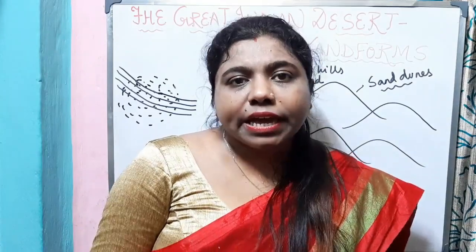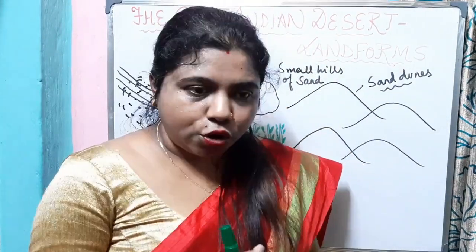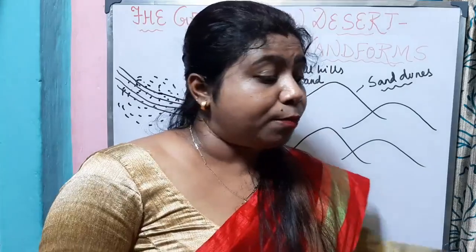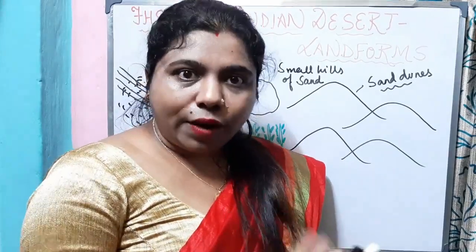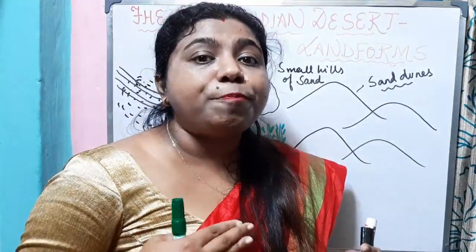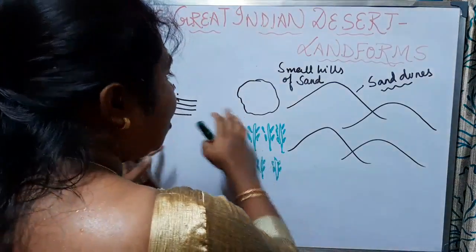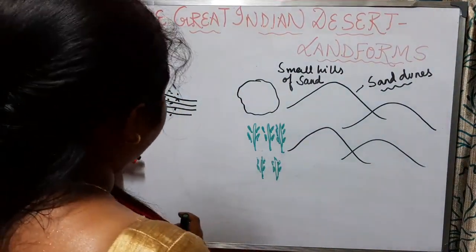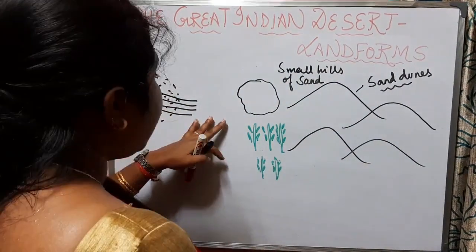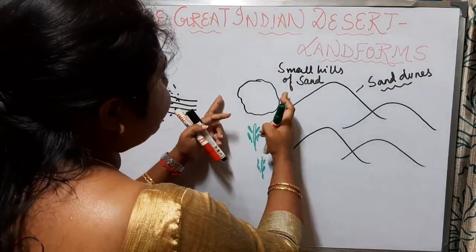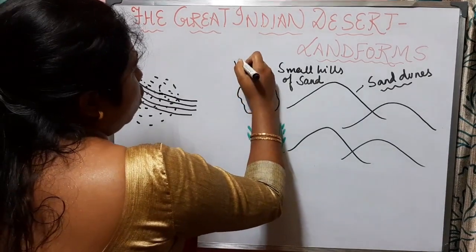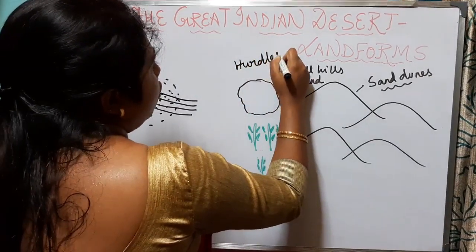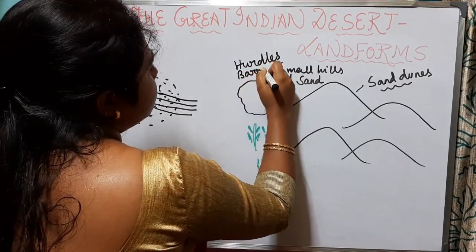Or for example, think that you are walking very fast and somebody suddenly comes in front of you. What will happen? There will be a collision, or else you may just stand steady, right? This happens because the speed reduces. Here also the same thing happens. When the strong winds blow and suddenly a rock or vegetation comes in between, these are called hurdles or barriers.